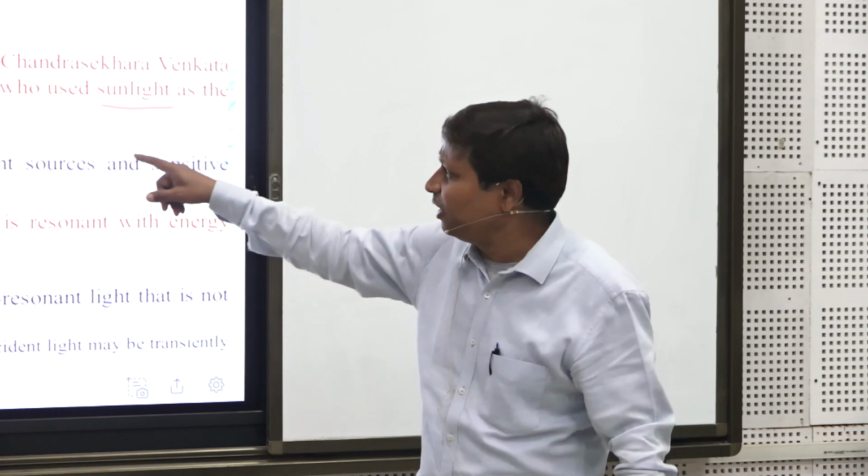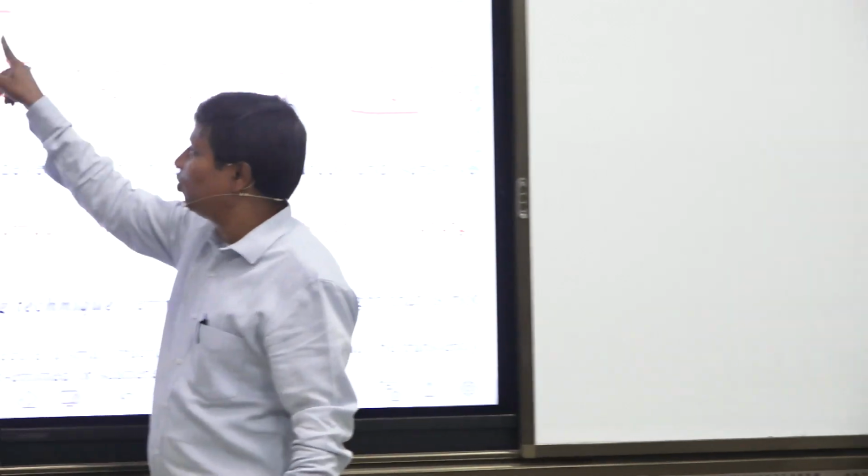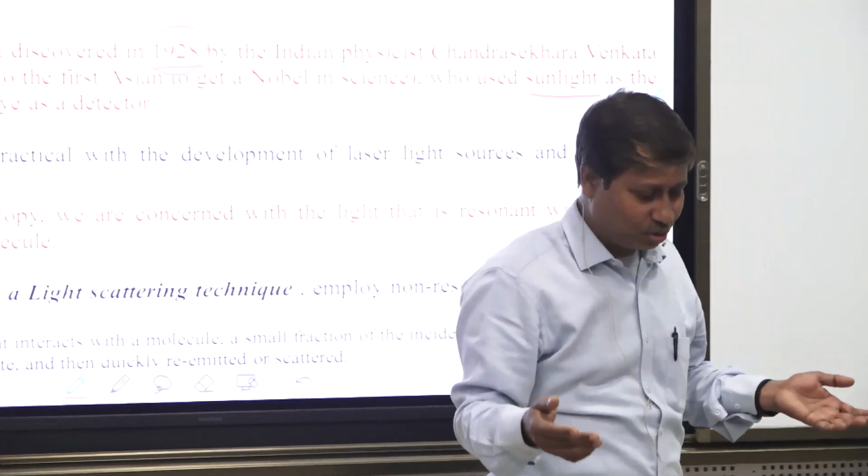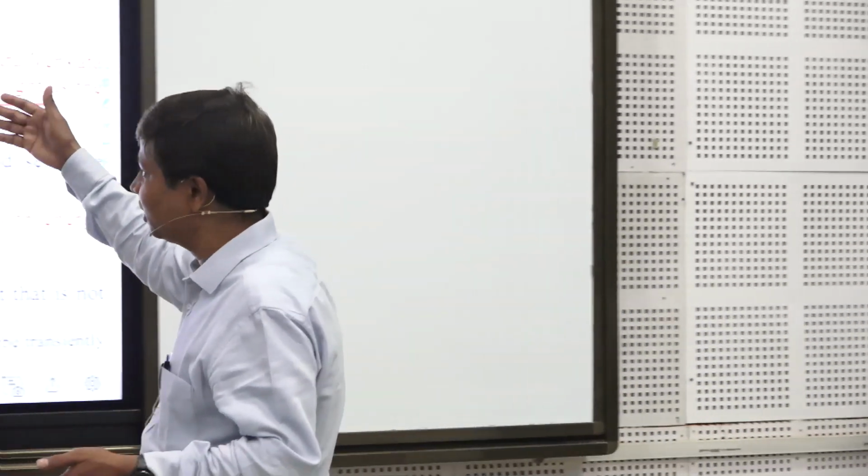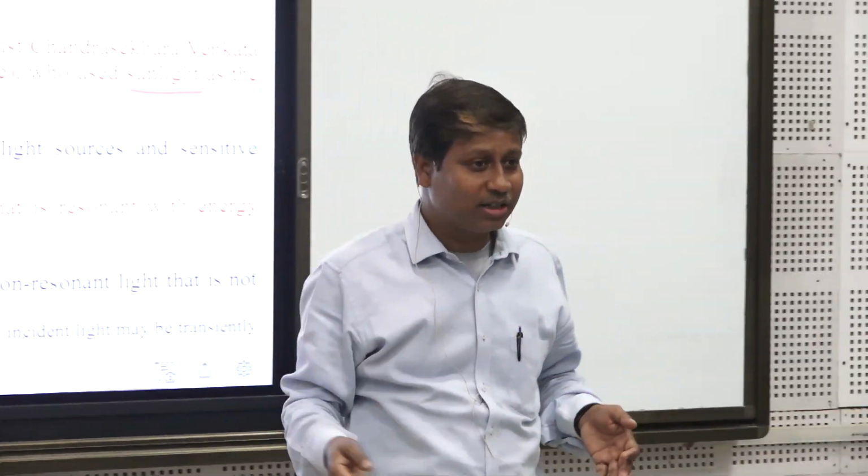Now it is 1928, and the world knows that there is a new spectroscopy. But this spectroscopy was not that popular. Nobody was carrying out Raman spectroscopy till the 1960s. That is a big time, 1930s to 1960s. 30 years is not a joke, no?